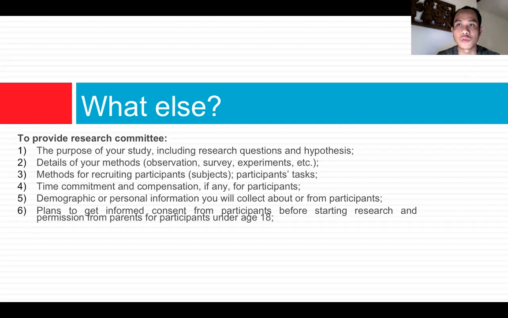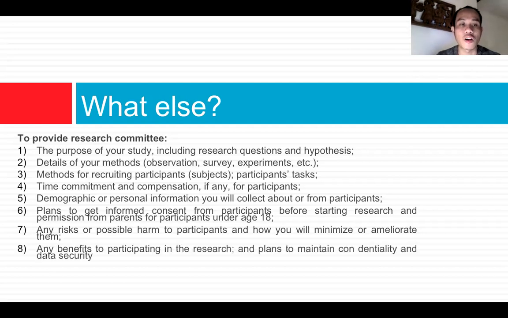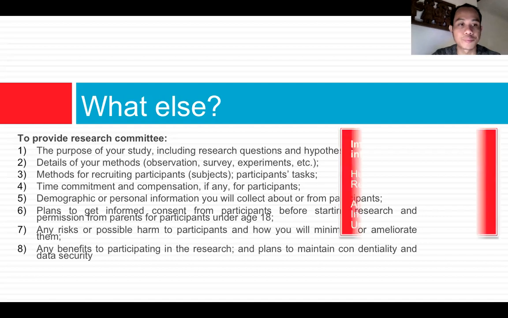Then you need to have a consent for this. And then any risk of possible harm to participants, and how you will minimize or ameliorate them. So this information may be something that the committee needs. And then other benefits to participating in the research, and plans to maintain confidentiality and data security.